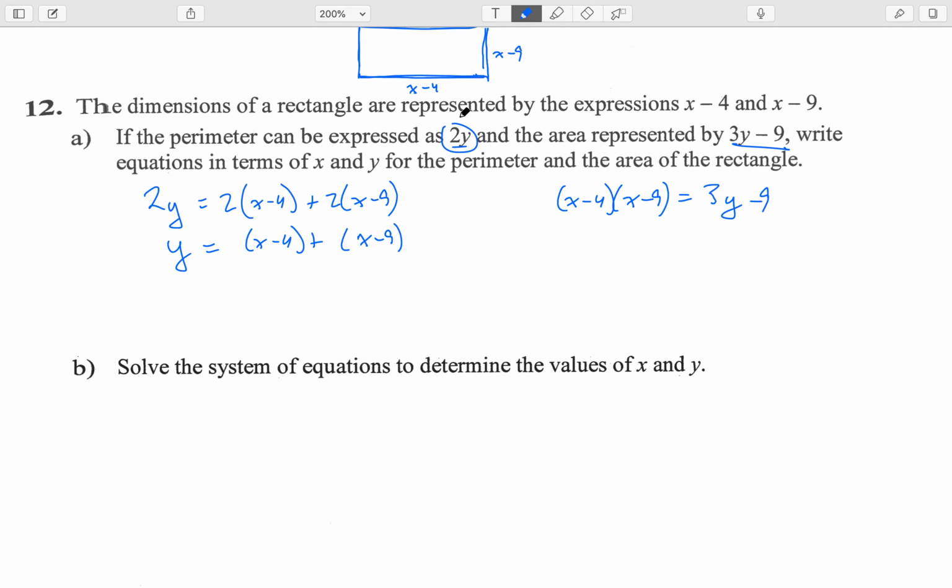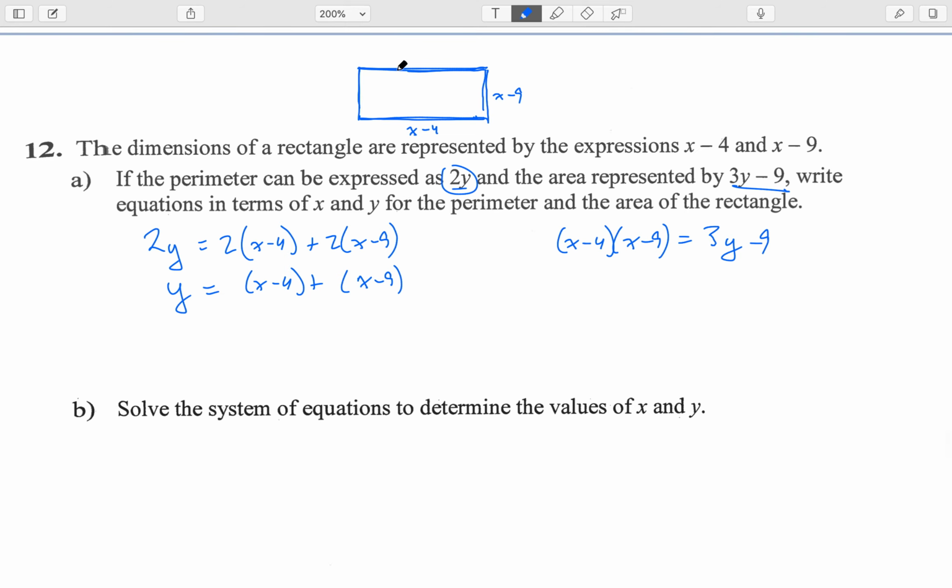Oh yeah, because if the total perimeter is all the way around, that's 2y. Well, what's the half perimeter? The half perimeter is from one corner to the opposite corner, and that's 1y. So in other words, x minus 4 plus x minus 9 should equal the half perimeter, which is halfway around. It's y. So in other words, what do we got? 2x minus 13, right? y is equal to, that's an easy linear equation.